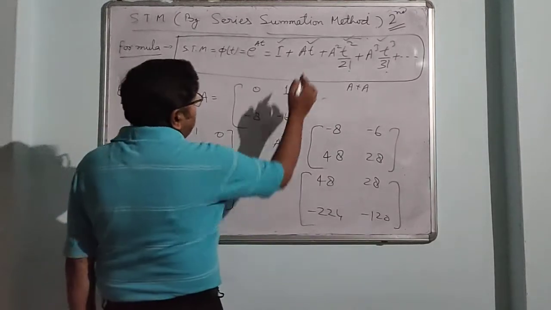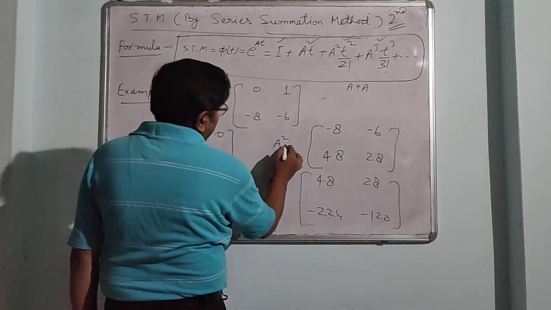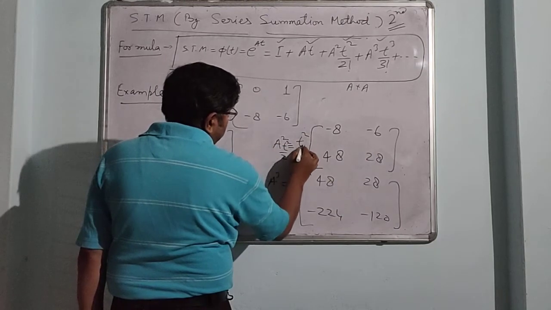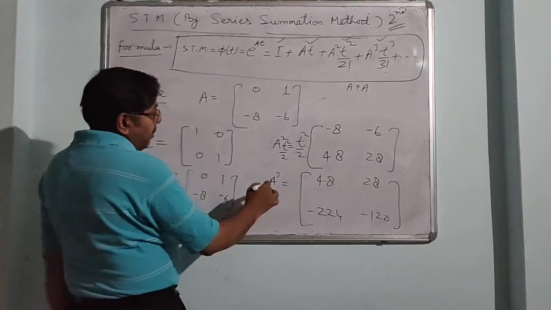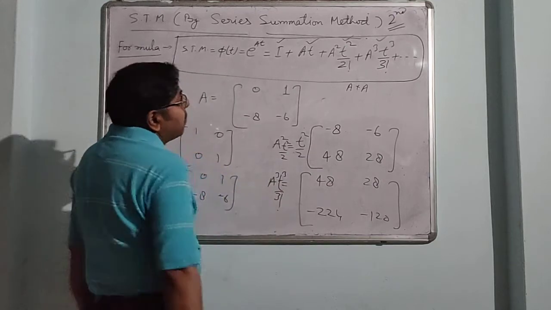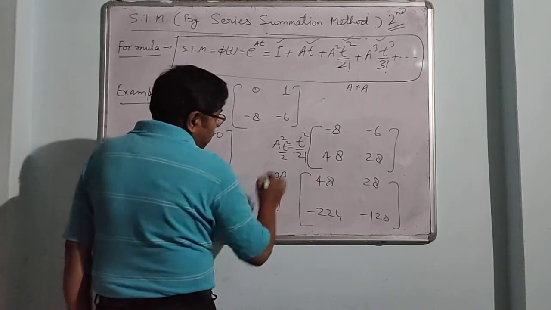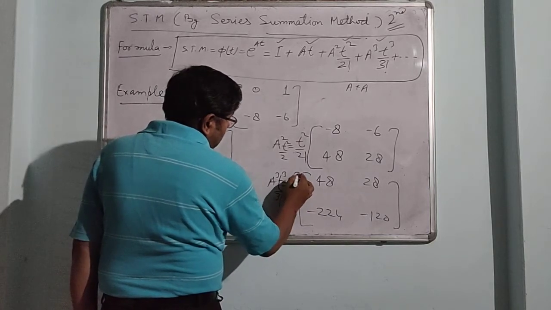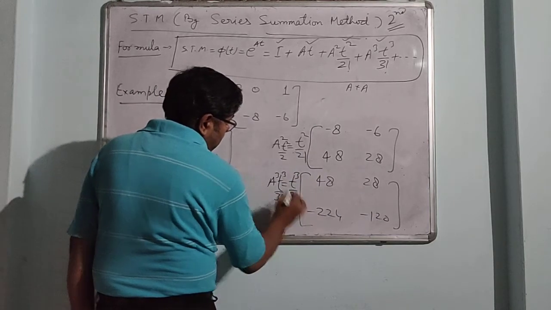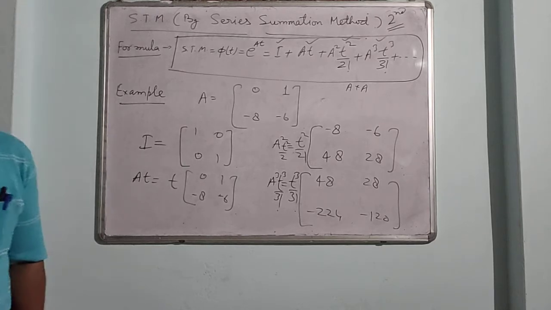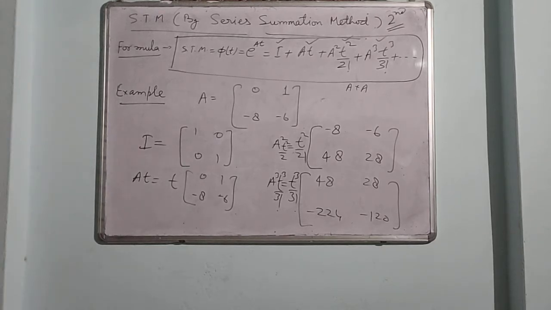Obviously we are required to find out this term, A square t square by 2. So you have to multiply by this term. Similarly for here, you have to multiply by t cube upon factorial 3. So this is the factorial 2. So here you can multiply this by t cube upon factorial 3. So these are terms. You have to simply add all these terms to get the summation.